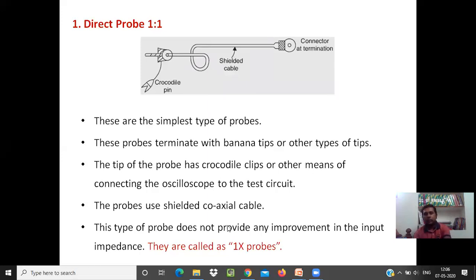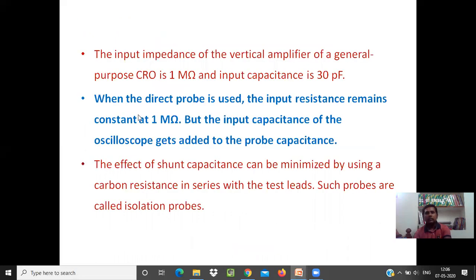Even though it is not changing the input impedance, there is some change in the capacitance. See this blue color statement: when the direct probe is used, the input resistance remains constant, that is the CRO resistance. The general CRO input impedance is 1 mega ohm.